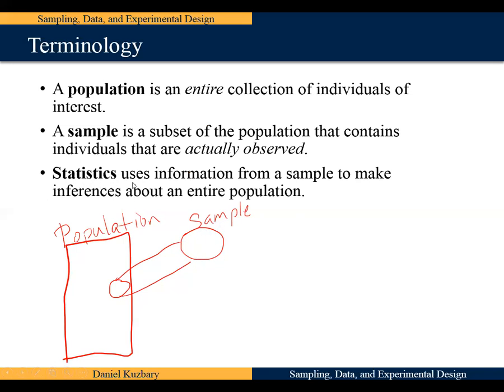Now, statistics uses information from a sample to make inferences about an entire population. So by the end of this course, we're going to have a few methods for using information that we know from a sample to make really educated guesses, to be about as sure as we can possibly be about the entire population. So that's going to be the goal.